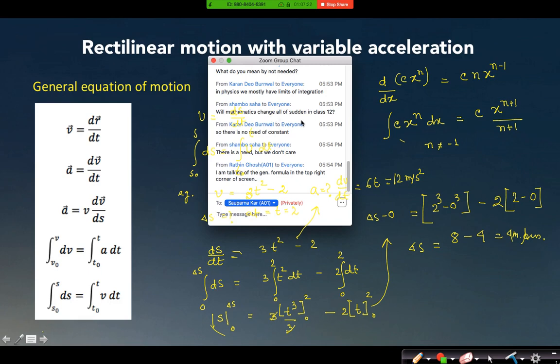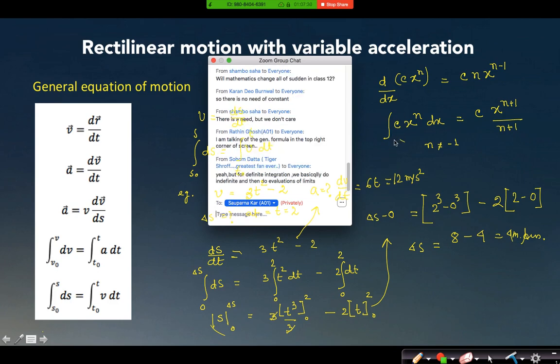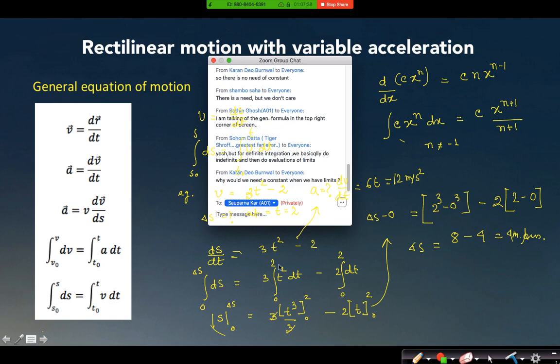Constant of integration will only come when you do not put a limit, right? Here we have always put some limit in the integration, from 0 to 2, from 0 to delta s. This type of integration is known as definite integration, and when you integrate without limits, it is called indefinite integration.